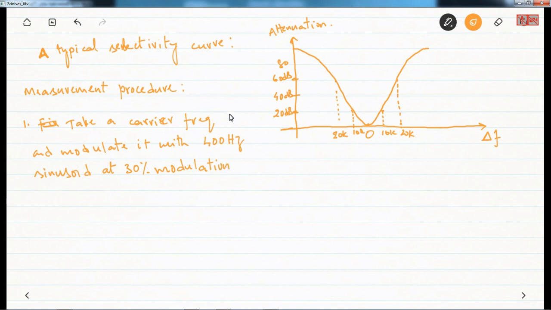Let's call this carrier frequency FC. So we have taken a carrier frequency FC and then modulated it with a 400 Hz sinusoid, and the percentage modulation we kept at 30%.